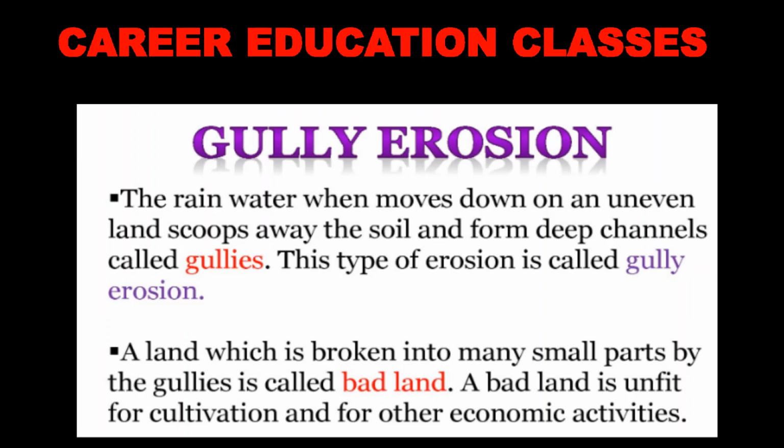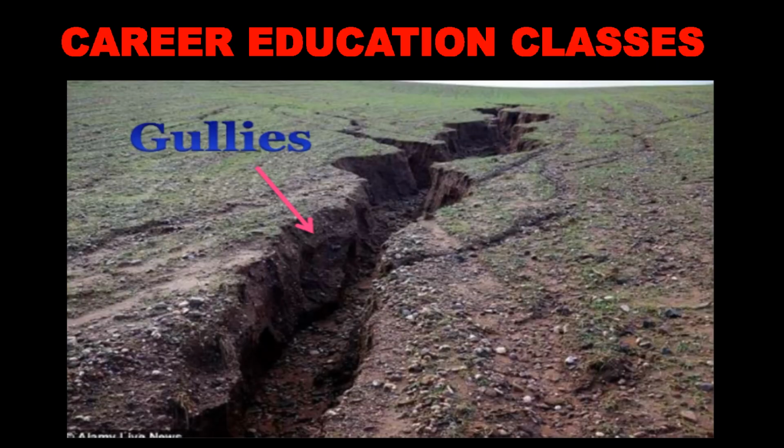This type of erosion is called gully erosion. The land which is broken into many small parts by the gullies is called badland. This is not fit for cultivation and economic activities. Gully erosion is usually found in Madhya Pradesh areas.